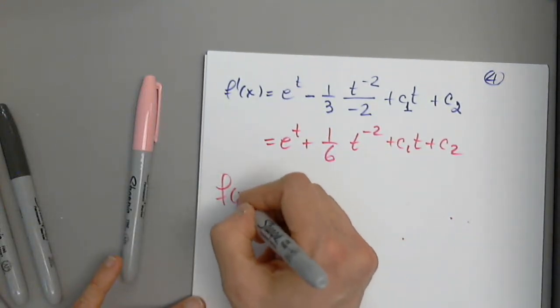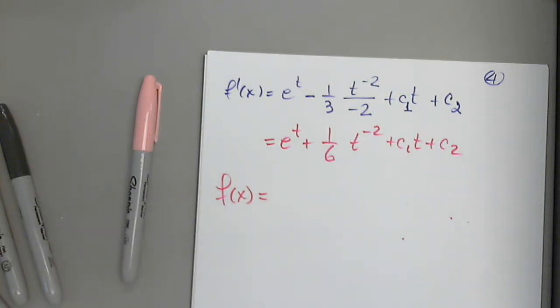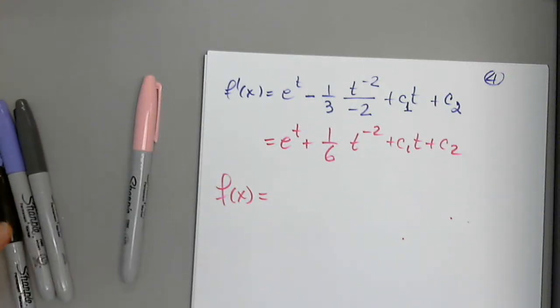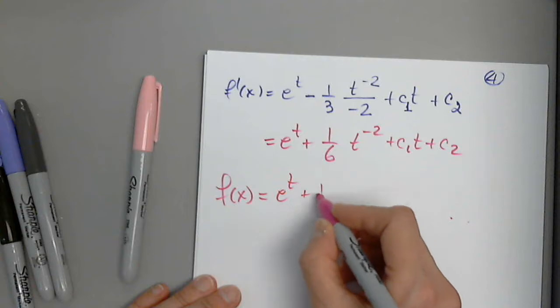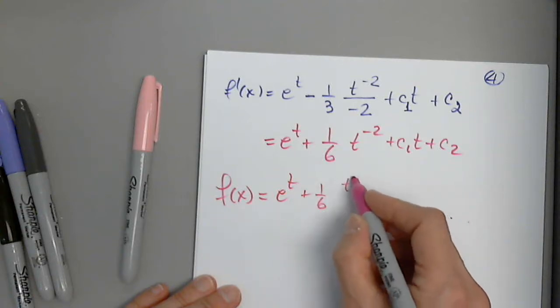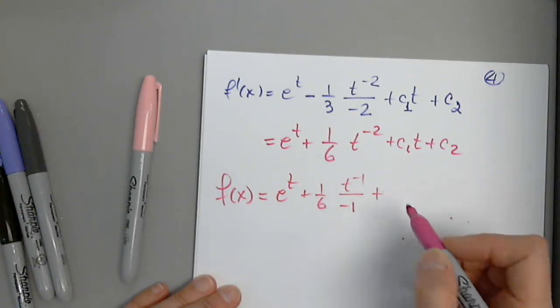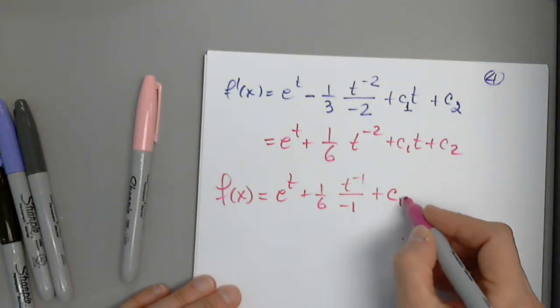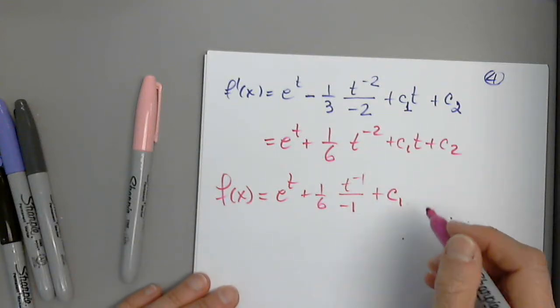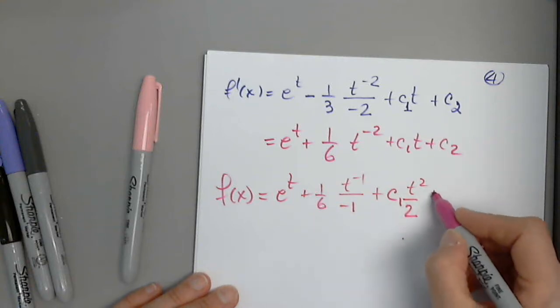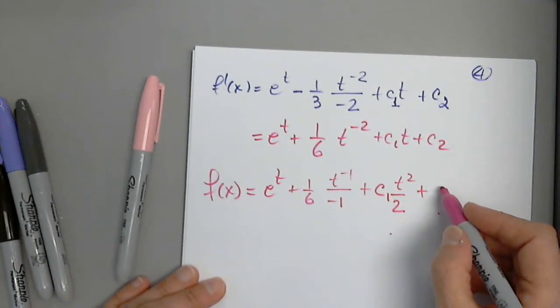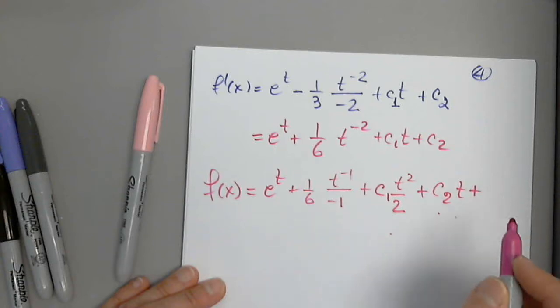Final step, we are finding the function. Not the function, we are finding the most general antiderivative, the entire family of functions whose third derivative is the given e to t plus t to negative 4. So it's e to t plus 1/6 t to negative 1 over negative 1 plus C1 times what? t squared over 2 plus, very good, plus C3.